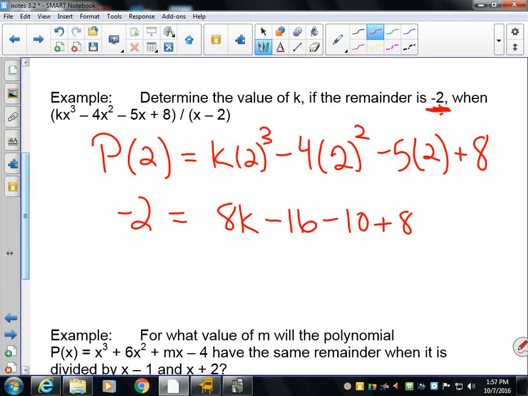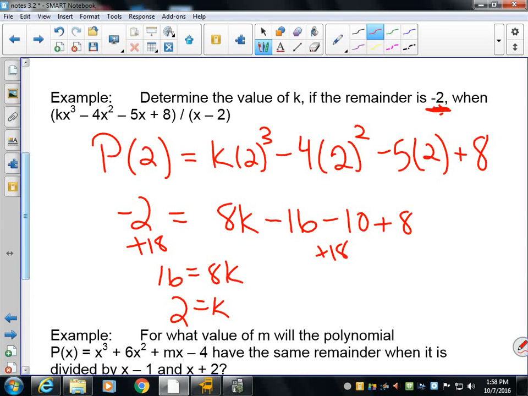Okay, so this is negative 26. If we add 8, that's negative 18. So we're going to add 18 to the other side. So we get 16 is equal to 8k. So then divide by 8, k is 2.